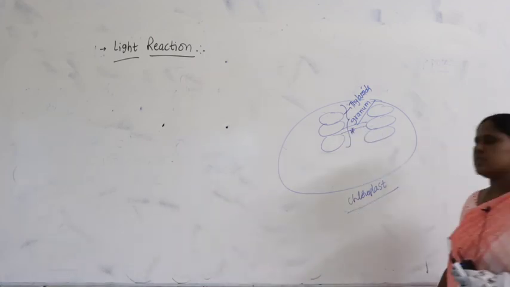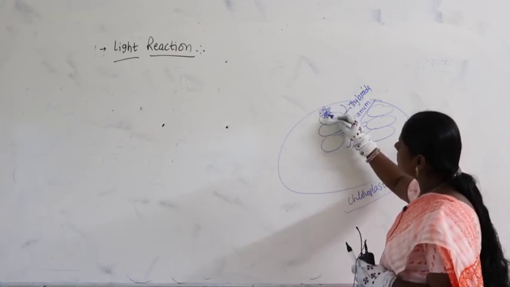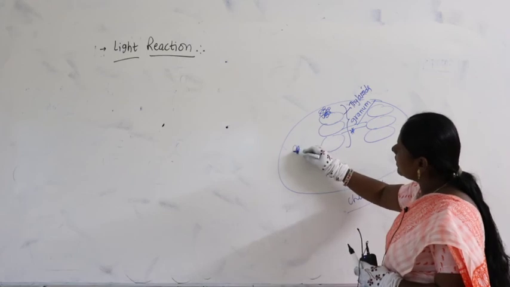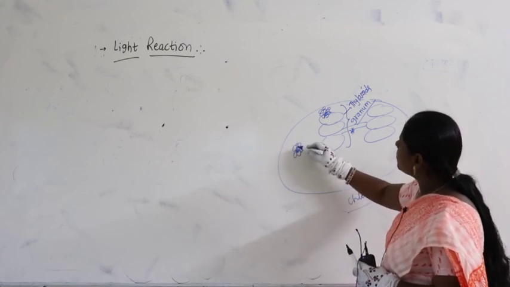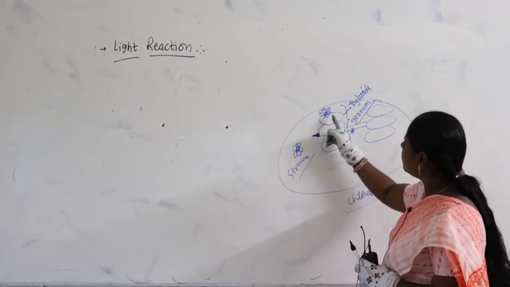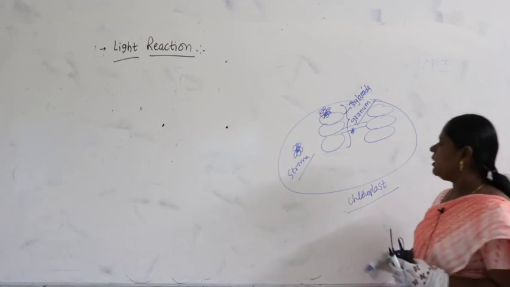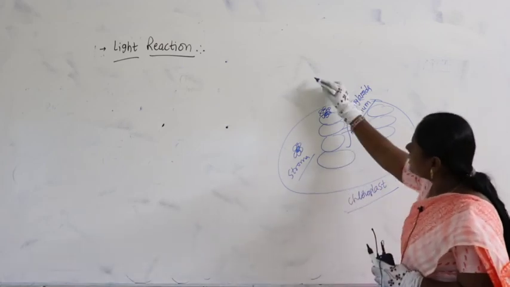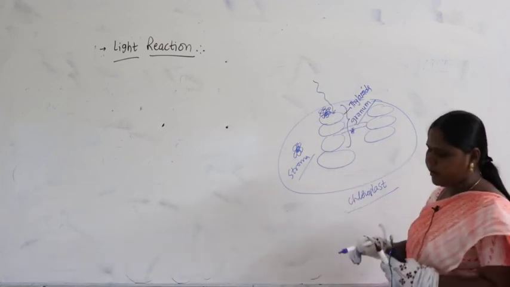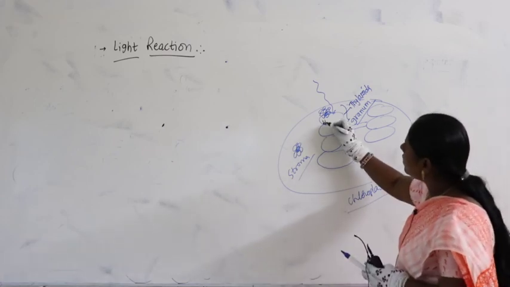Now where are the photosystems? Here are the photosystems. Some photosystems are there in the stroma and some photosystems are there on the thylakoid, which we call 1 and 2. Then what else do we study here? Light also falls on the thylakoid membrane and that causes splitting of water.